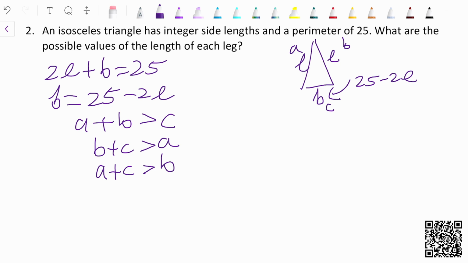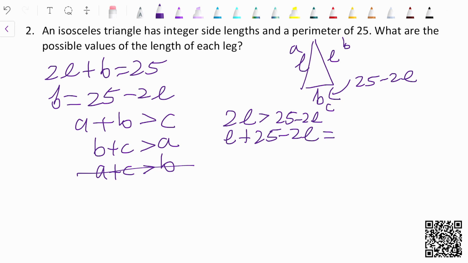So using that, in this situation, we'll get 2L is greater than 25 minus 2L. And since B and A are the same, we don't need this bottom equation because you're going to get the same thing either way. So L plus 25 minus 2L is greater than L. So now that we have our two inequalities, we can start solving.